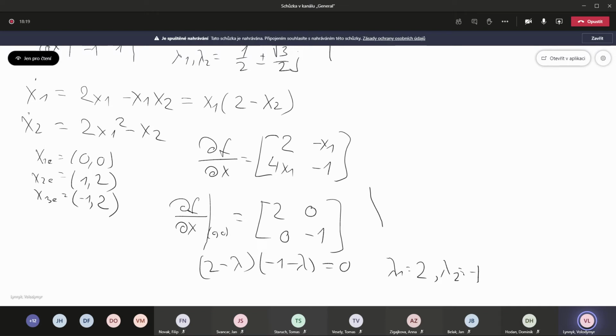Okay, and the next one, let's analyze the next equilibrium point.